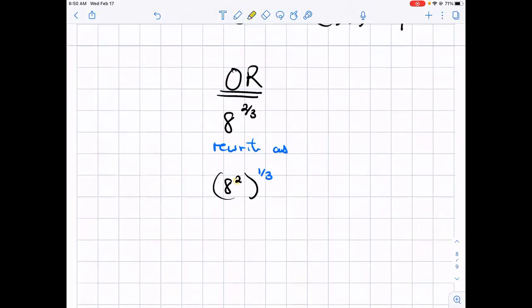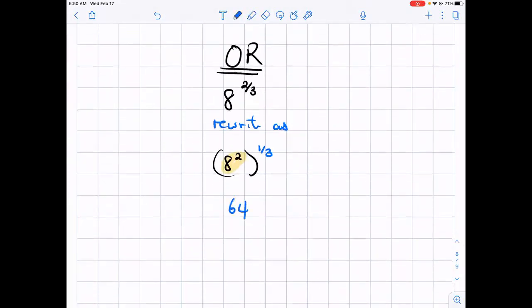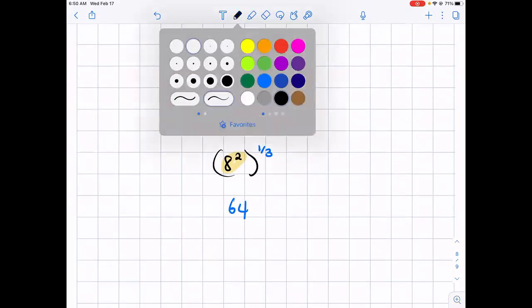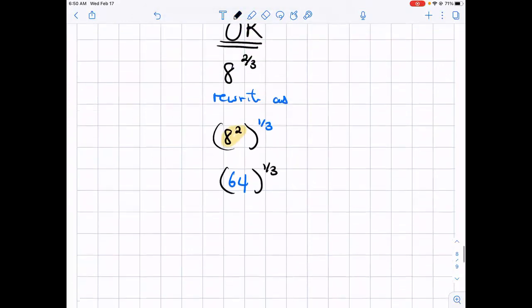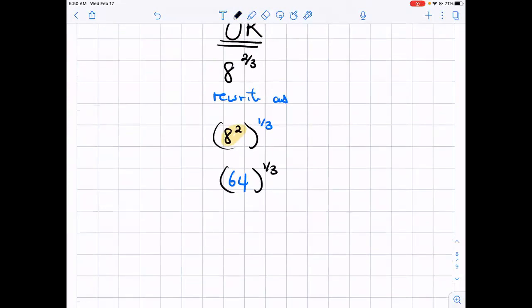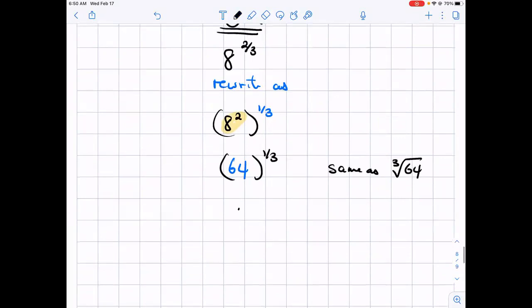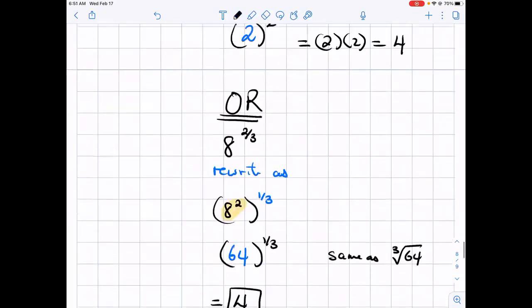Well, 8 squared becomes a big number. That is 64. But now I take the cube root of 64, and the cube root of 64 is 4. So we do end up with the same answer.